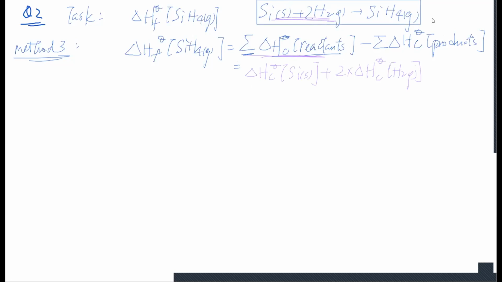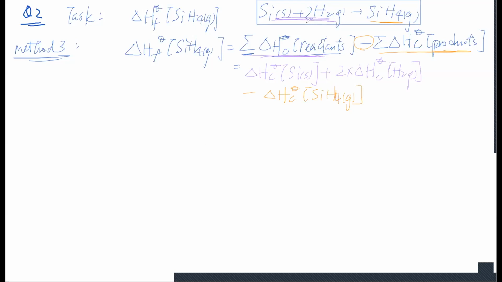Can you get the point? And what's next? It's the product. The product is here. So minus, remember to put minus, delta H of combustion of SiH4.